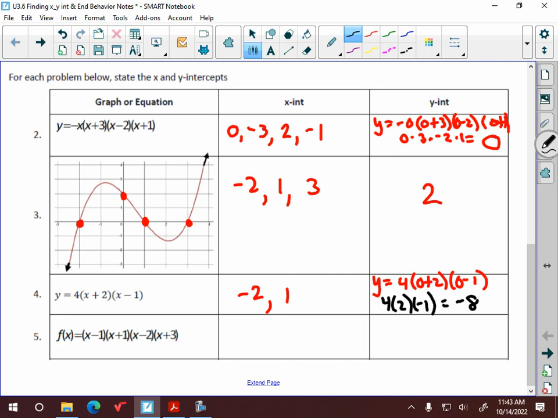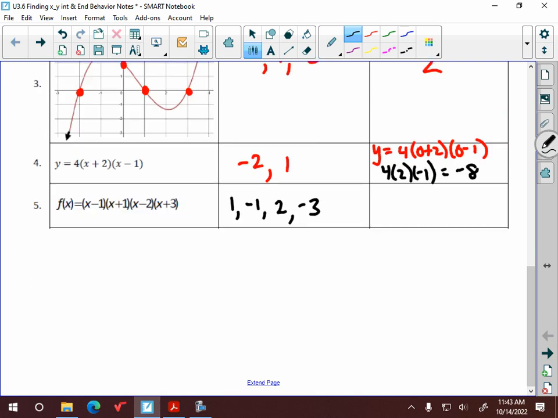And then 5, similar to number 4. Our x-intercepts are positive 1, negative 1, positive 2, and negative 3. And then for the y-intercept, we'll replace all the x's with 0. Remember, f of x and y are the same thing, so when you see the function notation, you can just replace it with y.